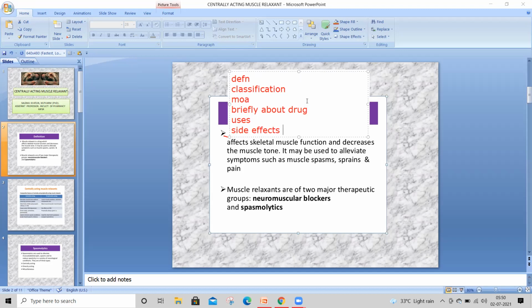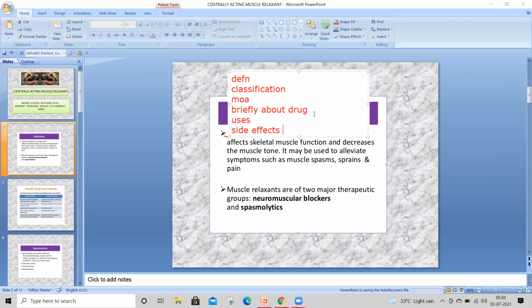If you know this, it may be a 3 marks question. Write a short note on centrally acting muscle relaxant. Then you can define it, give the classification of centrally acting muscle relaxant, what drugs are used, and mechanism. Only one common mechanism, how centrally acting muscle relaxant gives its actions, and briefly about a specific drug, like benzodiazepine or baclofen.